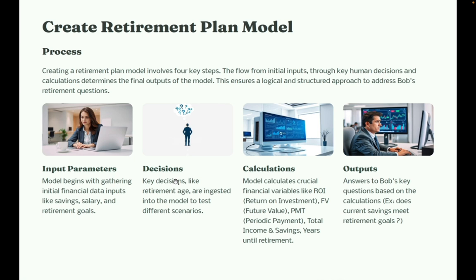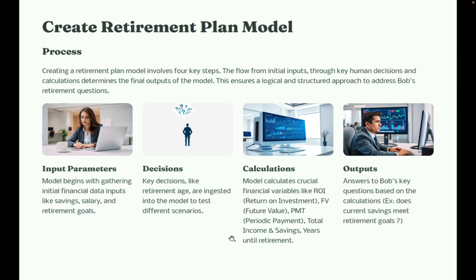Decisions are the human decisions, and they can vary from person to person. For instance, a person could retire at age 60 or 65. So these decisions can be changed as per the need.